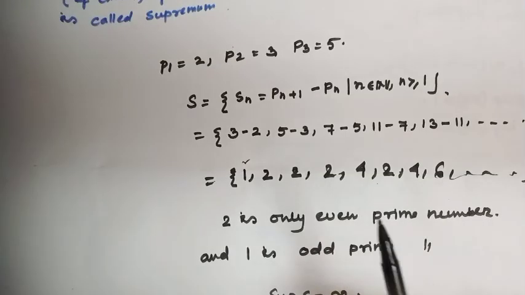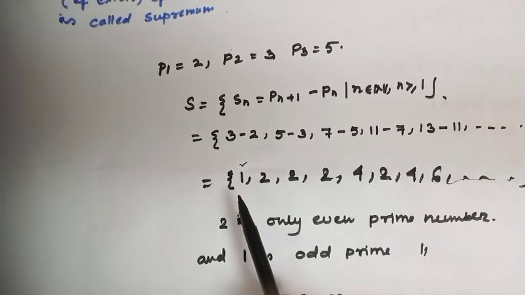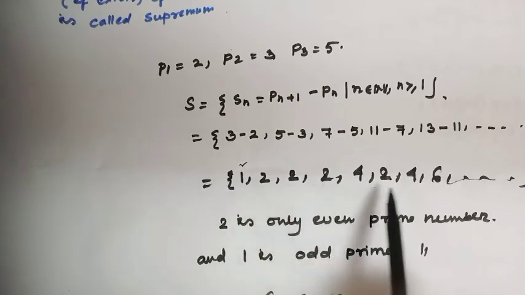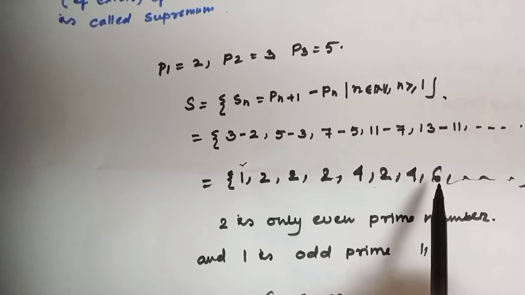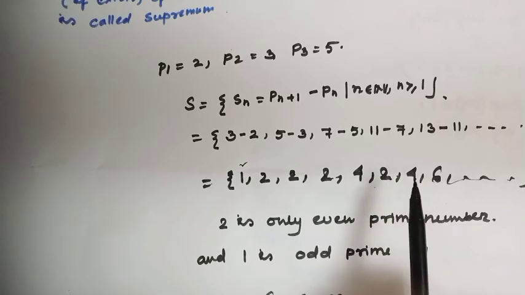This is very interesting. Look at the set. 1 is the only single element here, and 2 is the smallest number after that, and 2 is the only even prime number.